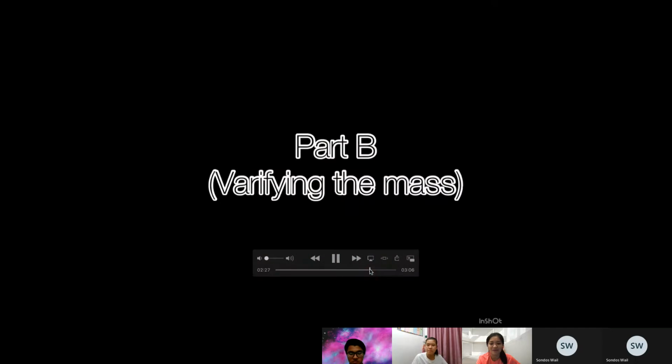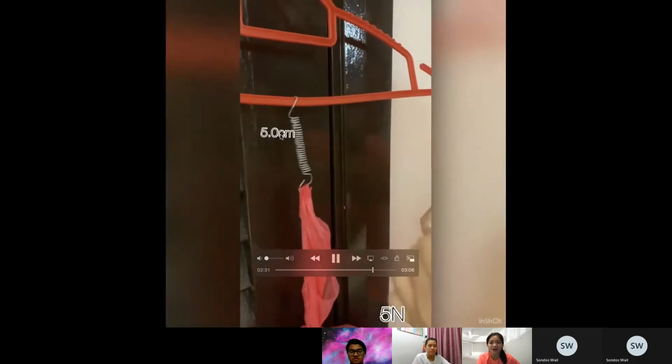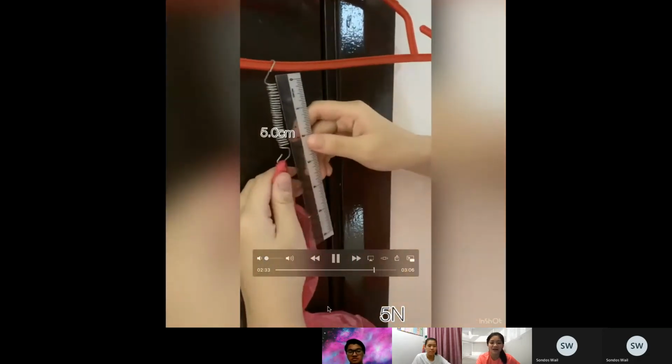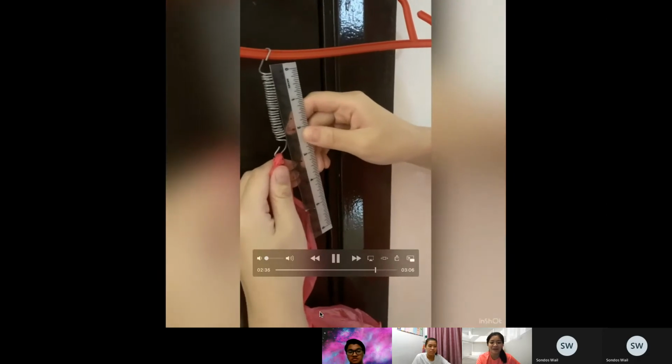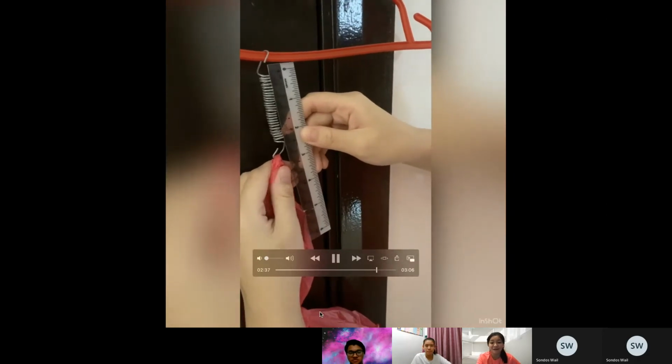So part 2 I did for one spring, then I verify the mass. The spring I take is about 5 cm one. Then this load is about 500 grams, same as just now, 5 Newton.